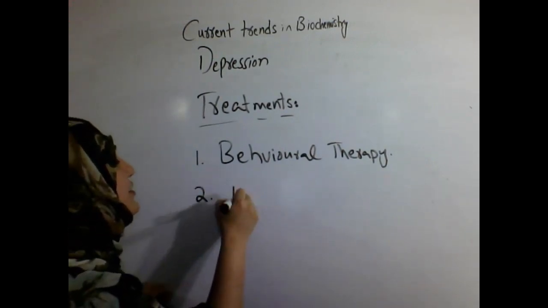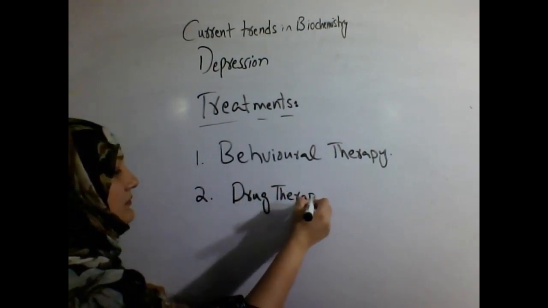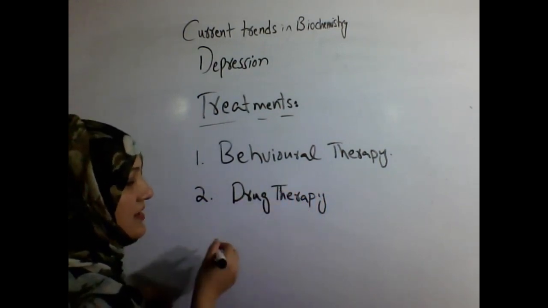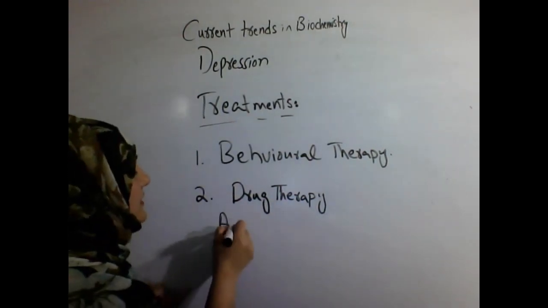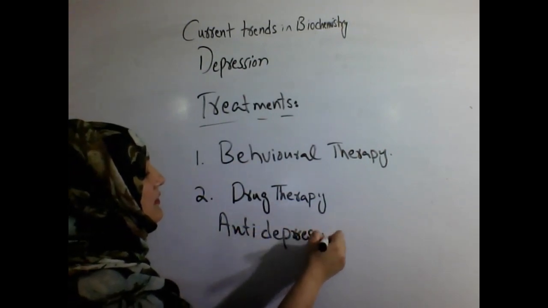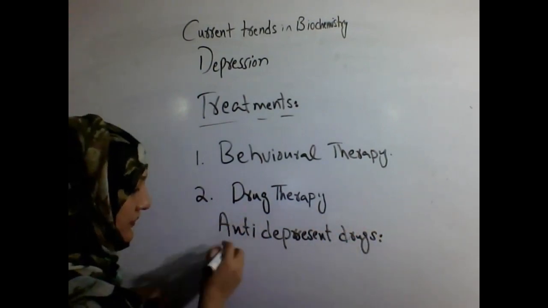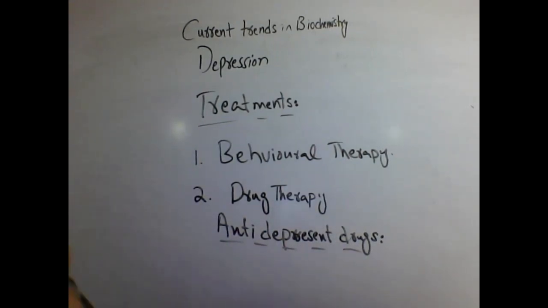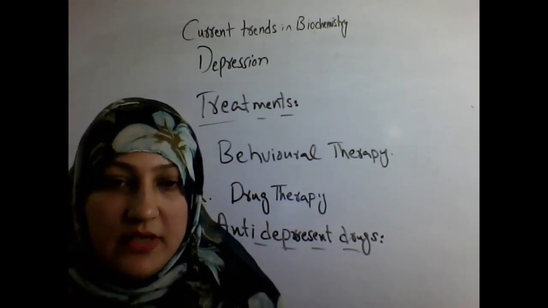Second one is drug therapy. In case of drug therapy, many types of antidepressant drugs are available which can be used to increase the level of serotonin within the body.